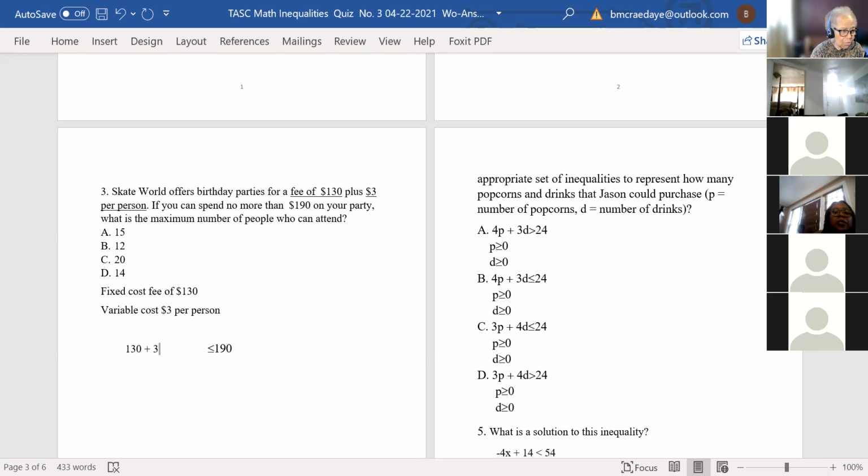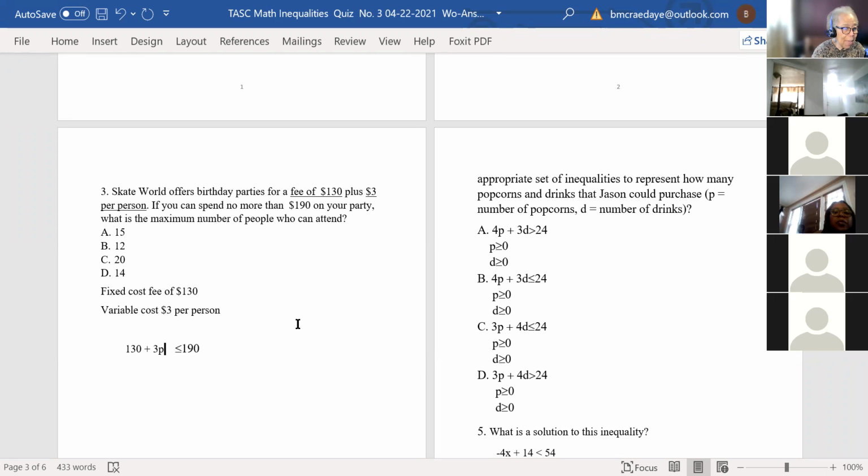What variable do you want to use for person? 3 times, that's 3 per person. So it's 3 times the number of people, right? Yes. So just give me a variable for person. Anything from A to Z. Well, put the most obvious one, P, to represent person.